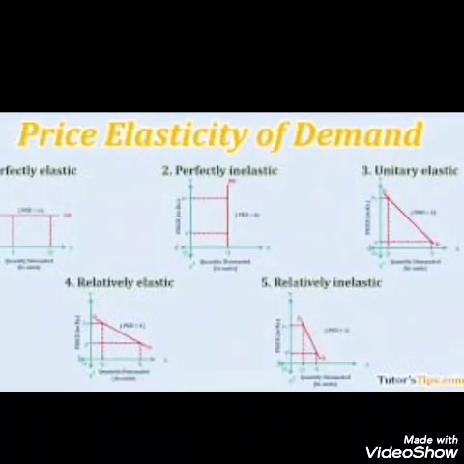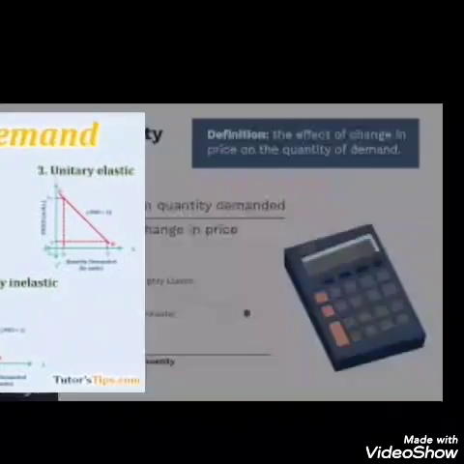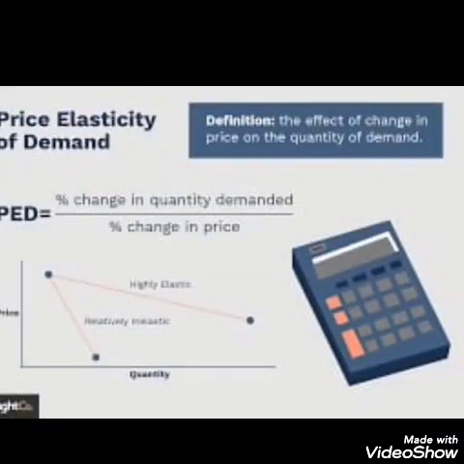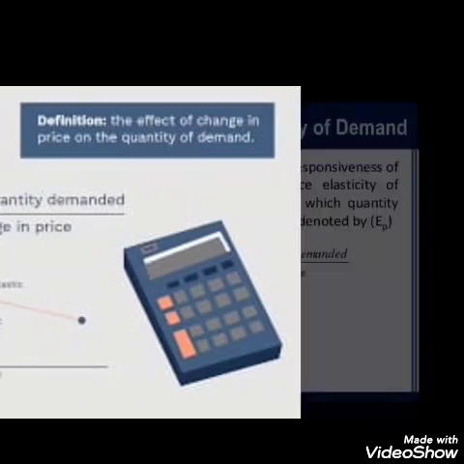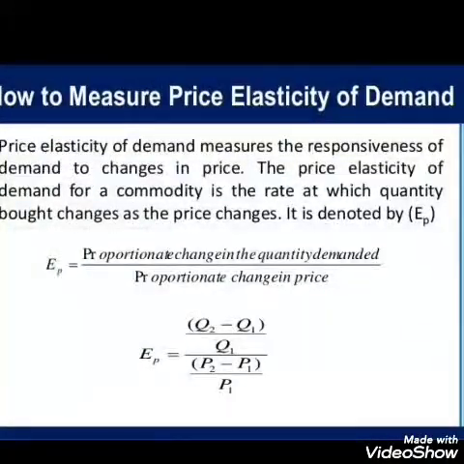There is a measurement for finding the changes in the PED, that means price elasticity of demand, according to the percentage method. Percentage method means the price elasticity of demand measures the responsiveness of the demand to a change in the price.